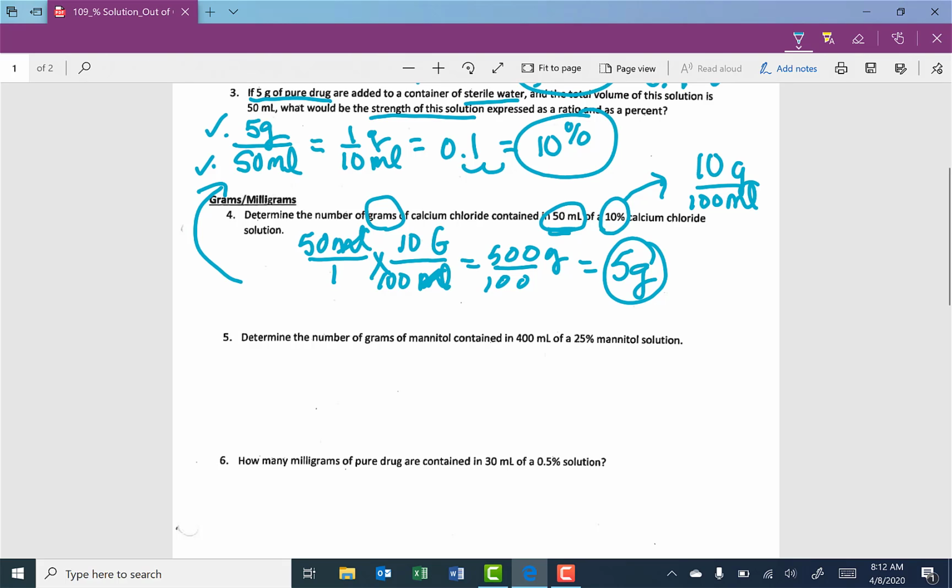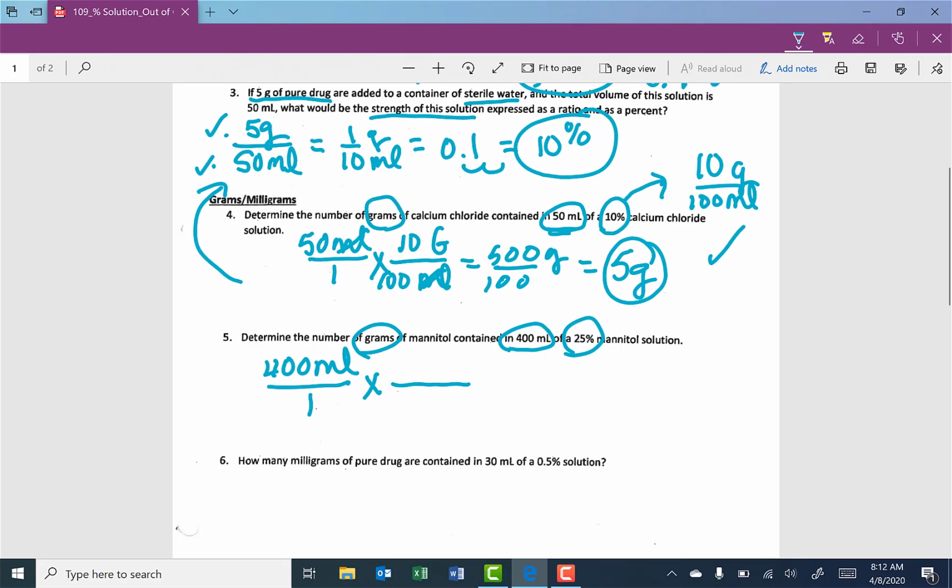Let's see if 5 is any better. Determine the number of grams of mannitol contained in a 400 milliliter solution of 25% strength. So we have 400 milliliters. Remember, in dimensional analysis, list what's given first. And we're going to find the number of grams by using our percent solution.